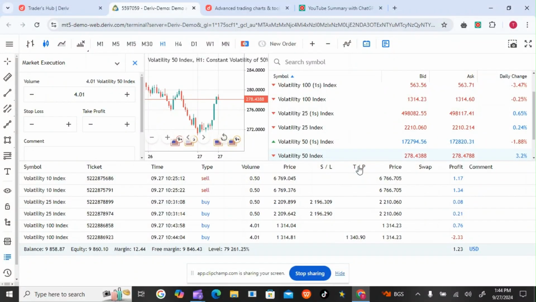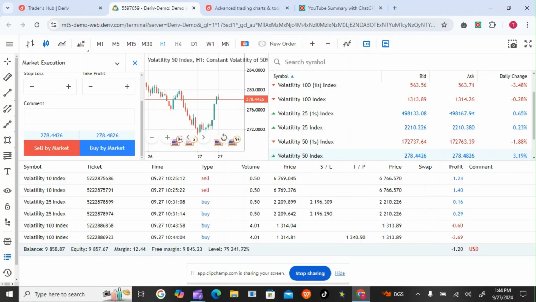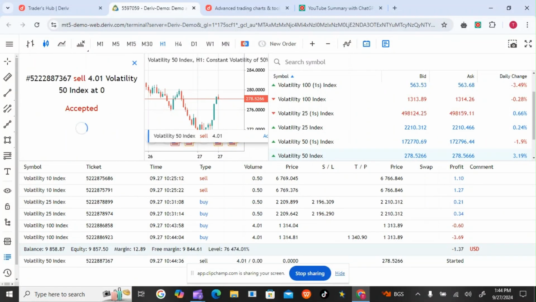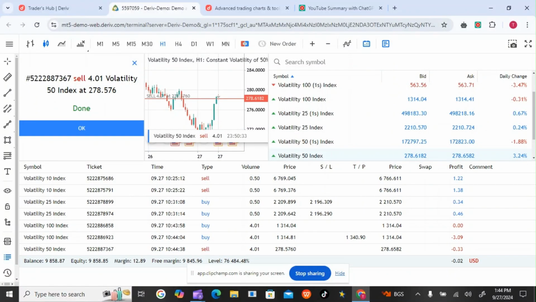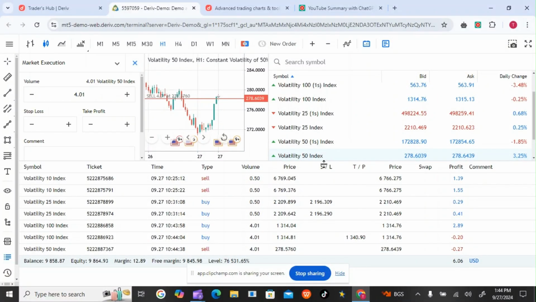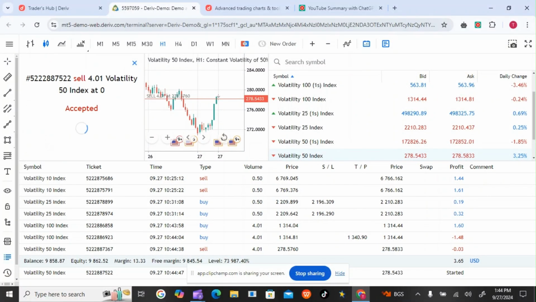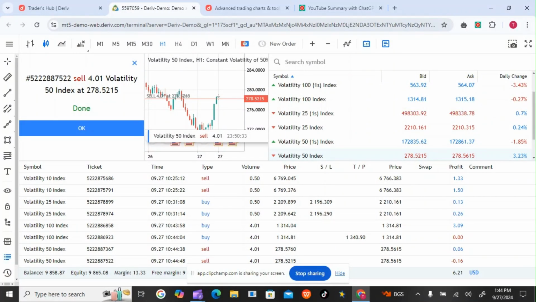New order, sell, and then new order, sell, two of them.